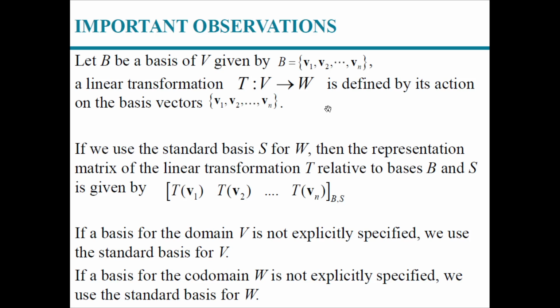What you need to remember is that a linear transformation works on objects. So it is defined by its action on basis vectors of the input space, of the domain.